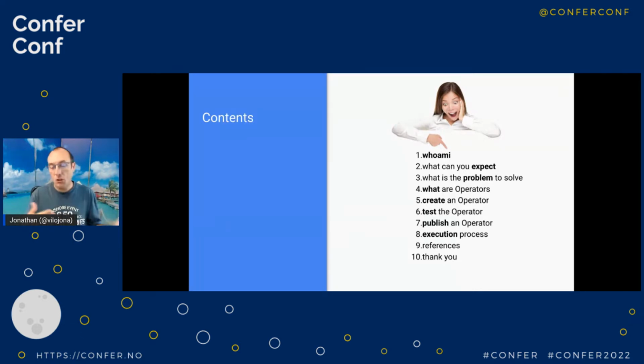Then I will introduce you to the process of creating operators. First, I will introduce what those operators are. For those of you that do not know what operators are, probably it's worth it. For those of you that already know what operators are, sorry. Then the process of creating the operator, testing it, publishing, and also the execution process, not from deep in the operator, but from the user that installs your operator.